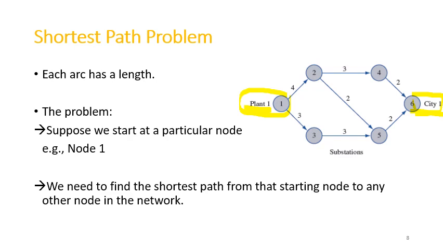We have to find the shortest way to go from node 1 to node 6. The information given to us is that each path in this network from one location to the other has a particular distance or length. So the value above each arc defines the distance from one node to the other node. And our task is again to find the shortest path from one node to the other node in the network.